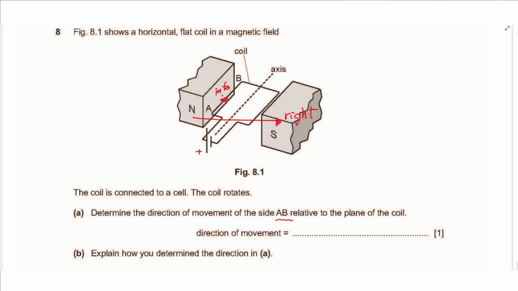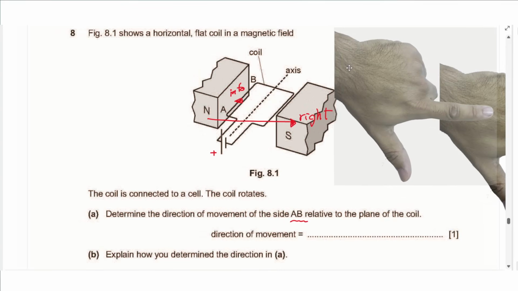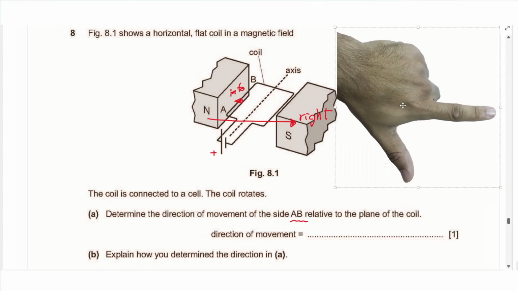But which direction? We will be using Fleming's left hand rule. So by placing our fingers in this orientation, we can say that we have the magnetic field pointing to the right and the middle finger representing current into the page. The thumb is actually pointing down. So wire AB will move downwards.